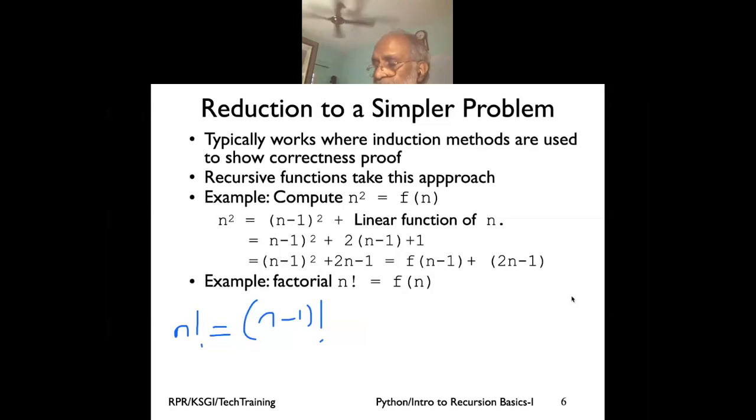Given that I know factorial n minus 1, how do I find factorial n from this? Assuming somehow I got the answer factorial n minus 1, can I compute factorial n from this answer?